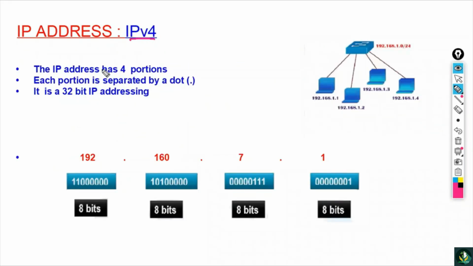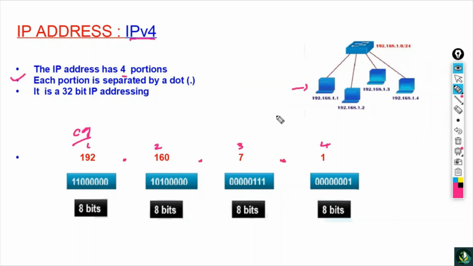In IP version 4, the IP address has 4 portions. Each portion is separated by a dot. So in this example, we have one IP address, 192.160.7.1. If you see here, it has 4 portions, 1, 2, 3, 4, and each portion is separated by a dot.